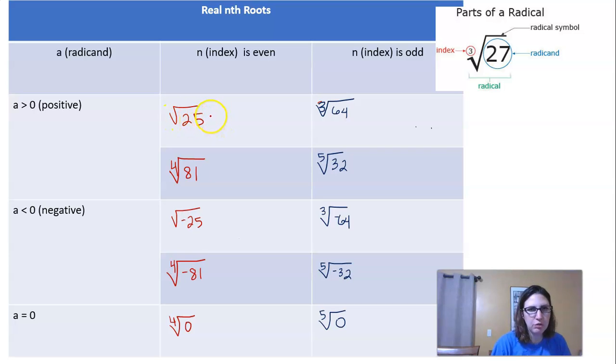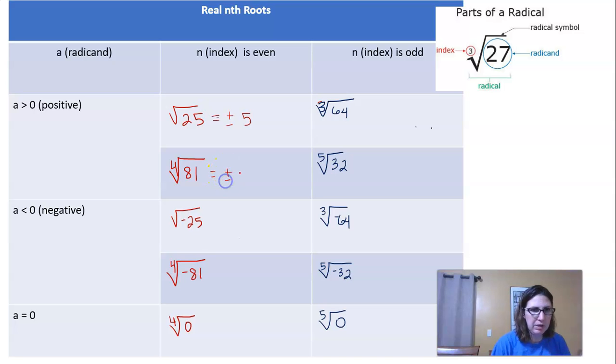So you guys know the square root of 25 is definitely going to give you 5. We also know it could be negative 5 as well, so it could be plus or minus 5 here. With the fourth root of 81, you guys need to be thinking 4 numbers, 4 of the same numbers that multiply to give you 81, and actually that is going to be 3.